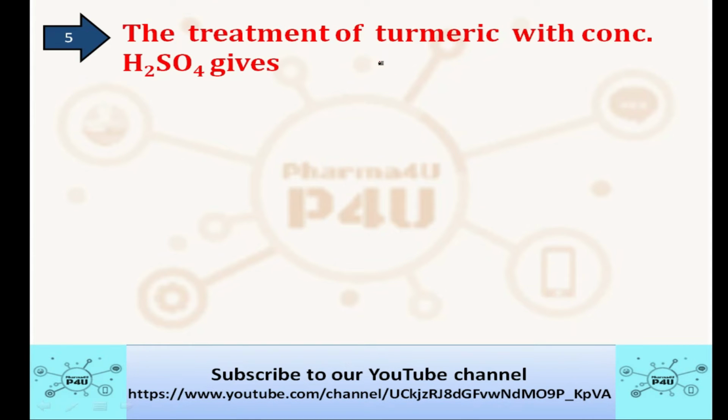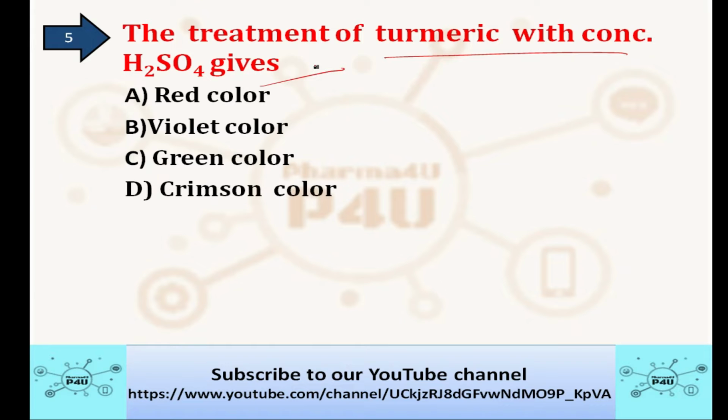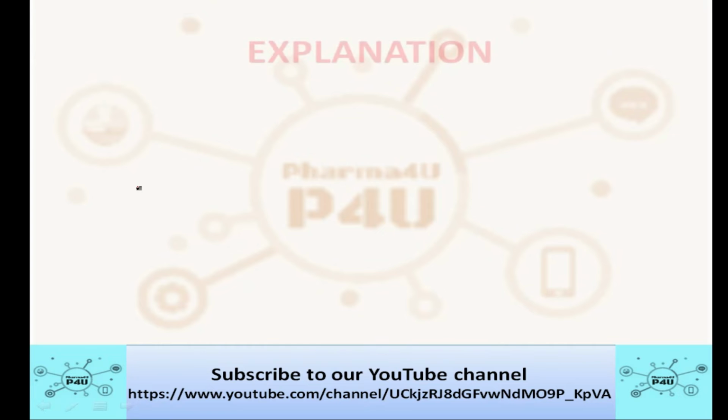The treatment of turmeric with concentrated H2SO4 gives, and the options are: option A is red color, option B is violet color, option C is green color, option D is crimson color. When we treat turmeric with concentrated H2SO4, it gives the crimson color. Let's discuss with the help of explanation.